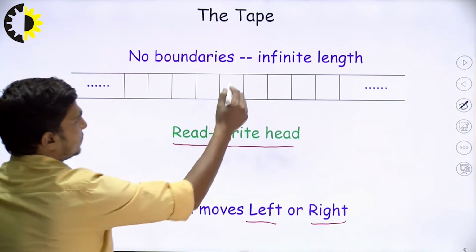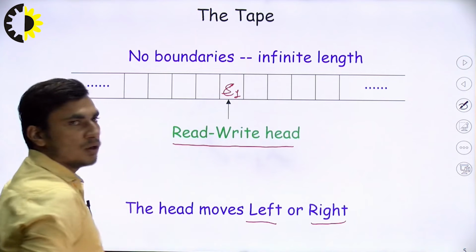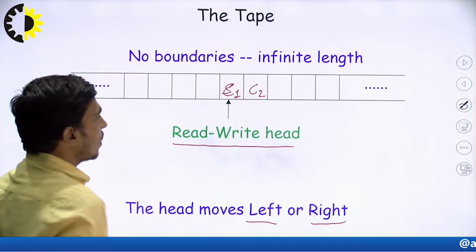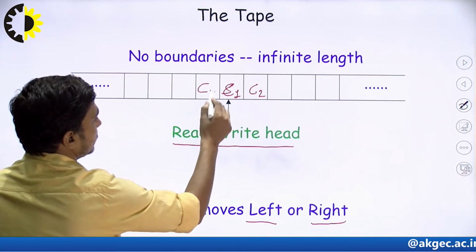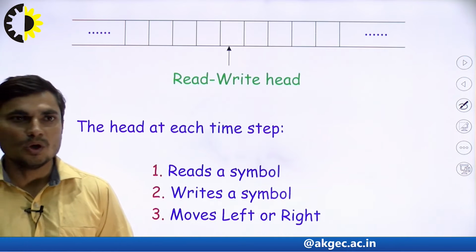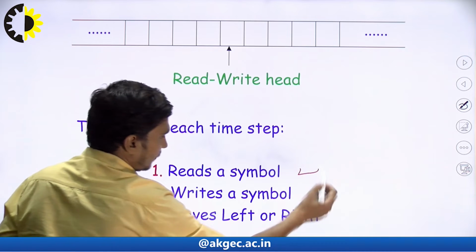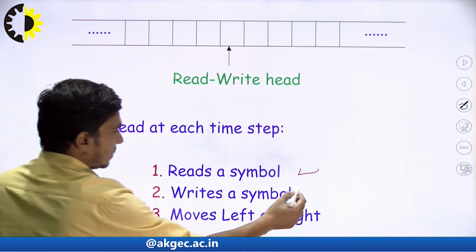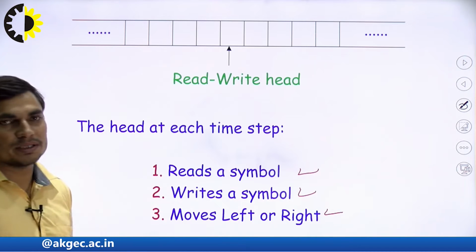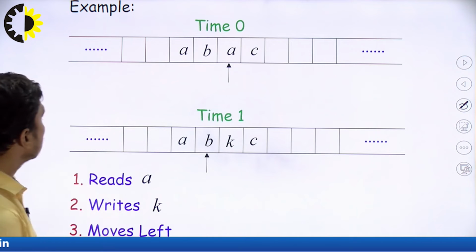Suppose we are at this cell, say C1; we can move from C1 to C2 on the right side, or from C1 to C3 on the left side of the current cell. So there are basically three operations: we read a symbol, we write a symbol, and we move to the left or right of the existing cell.